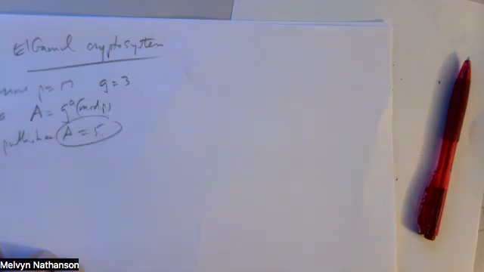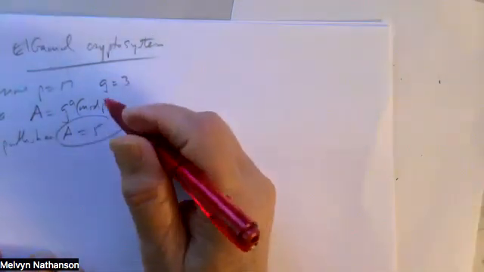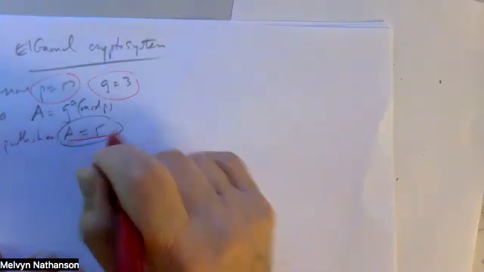So we're not told what little a is. We don't need to know it at this point. But A is equal to 5. And the prime p is known. Well, in fact, what's known are the prime, the primitive root, and the special key 5.